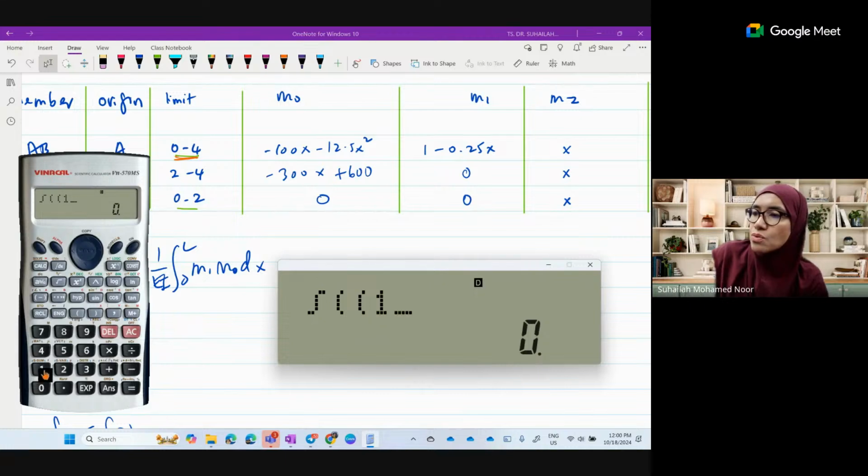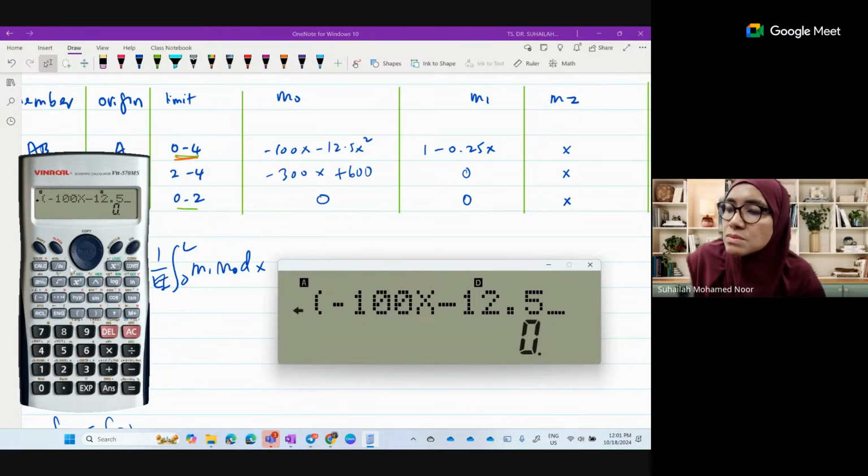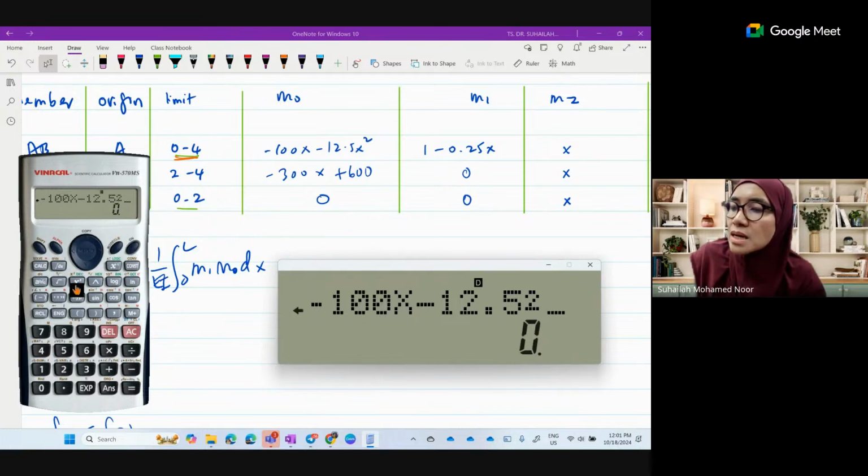M1, 1 minus 0.25 alpha X, tutup kurungan. Okay, another one is negative 100 alpha X minus 12.5 alpha X square. Bukan alpha X square terus tekan X square tak boleh.